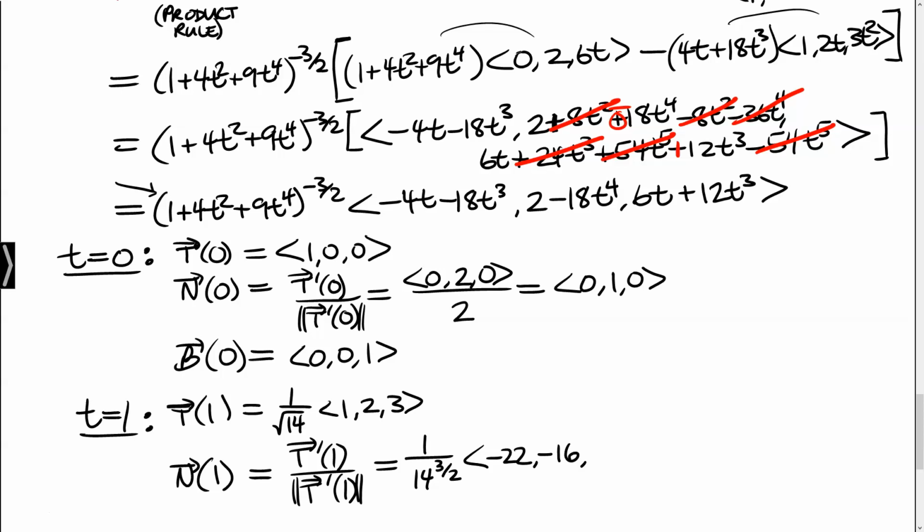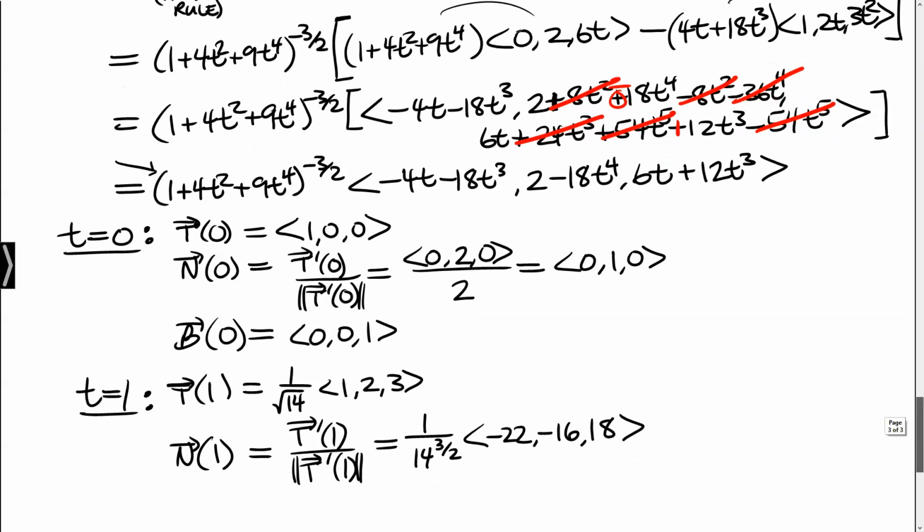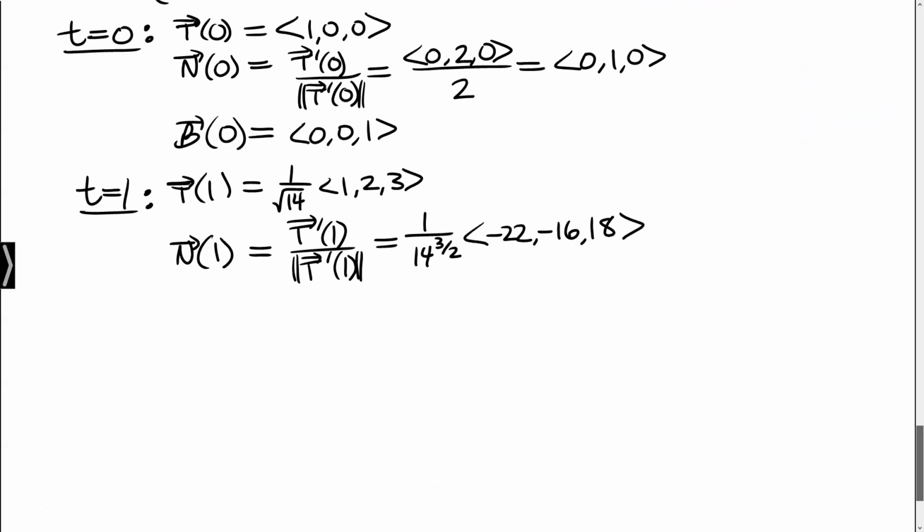Now, it looks like I need to normalize this, and normally I would. No pun intended. But remember that the whole purpose of normalization is just to get a unit vector in the same direction. So if I'm going to normalize, I might as well normalize a nice vector that's a positive scalar multiple.